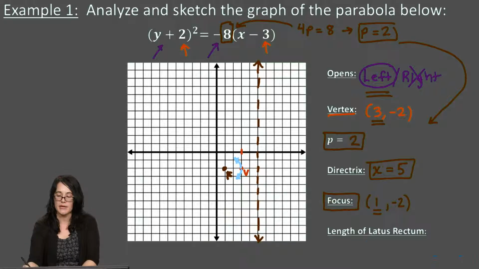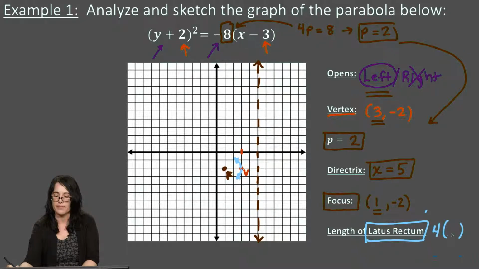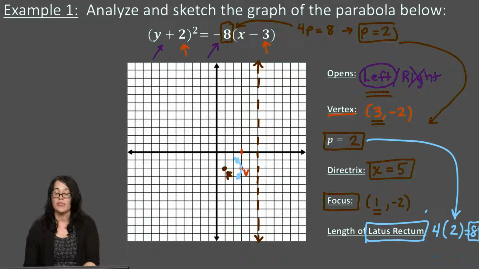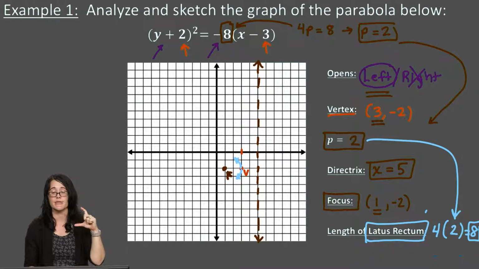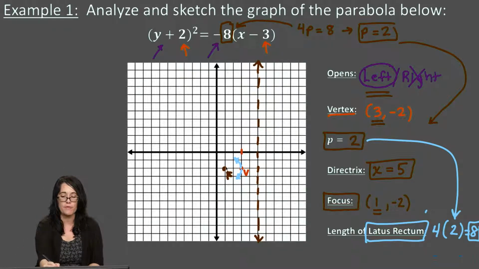Well, that's where we need the length of the latus rectum, which is always 4p. So what was p? It was 2. If p was 2, 4p is 8. So here's what we know, that if we want to draw a line segment that goes through the focus and is parallel to the directrix, its total length should be 8 units, meaning I would have to go 4 units above the focus, so 1, 2, 3, 4.